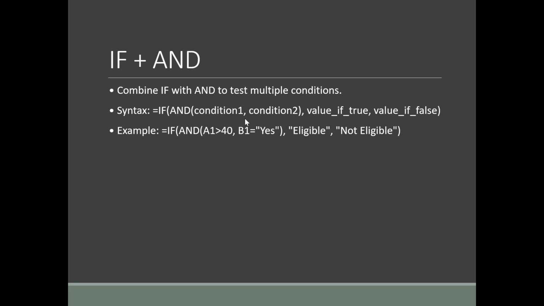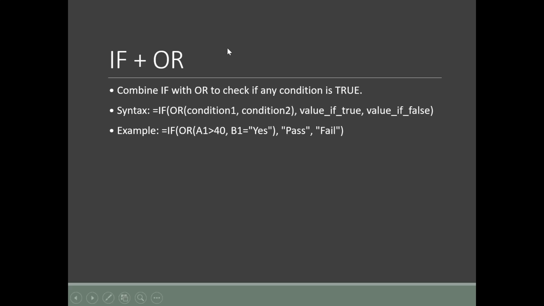The syntax is IF(condition, value if true, otherwise value if false). Example: IF AND condition, yes, eligible or not eligible as per the criteria. But in the normal AND that I discussed previously, you cannot give your own message. It will return true or false by default. Do you get my point? But in IF AND, IF OR, IF NOT, I'm able to give my own messages as well.